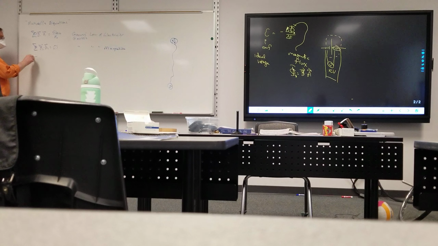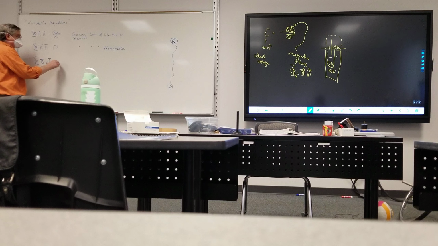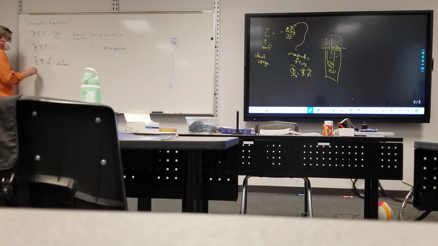Then we get into Ampere's law. So if I look at the magnetic field around some length or some distance around an Amperian loop, that's going to be equal to mu naught times the enclosed current. And then we have that one over there, a slightly different form.